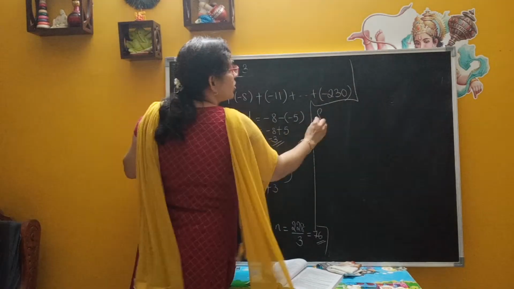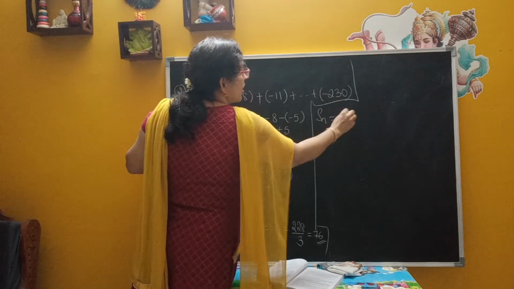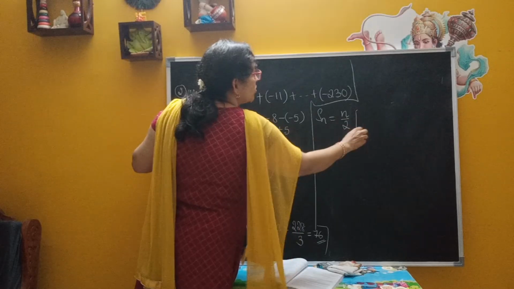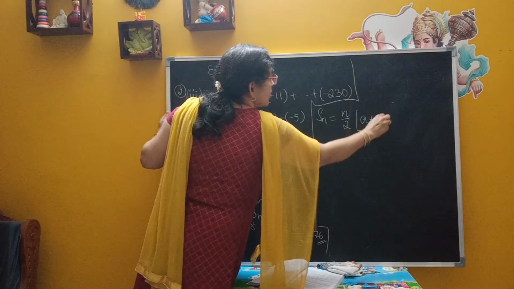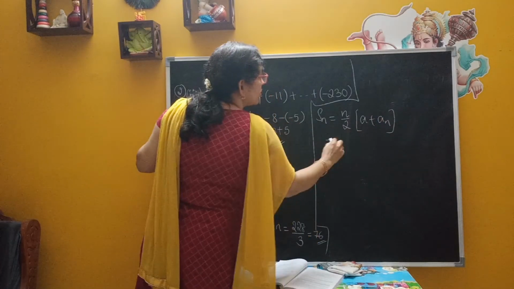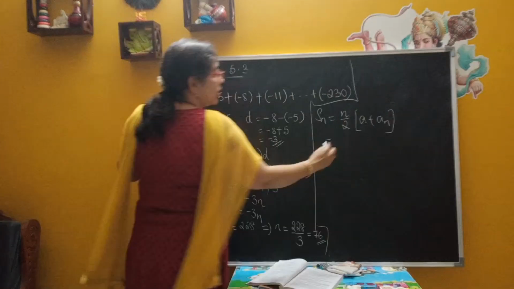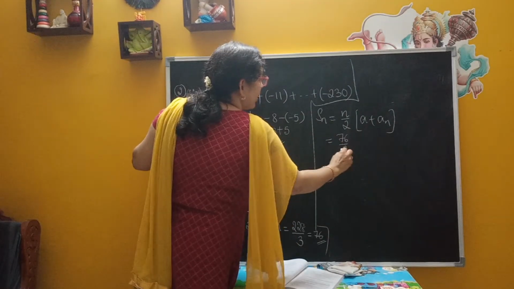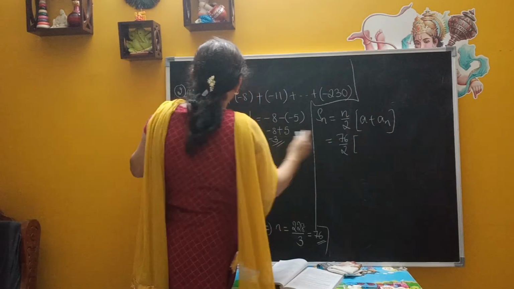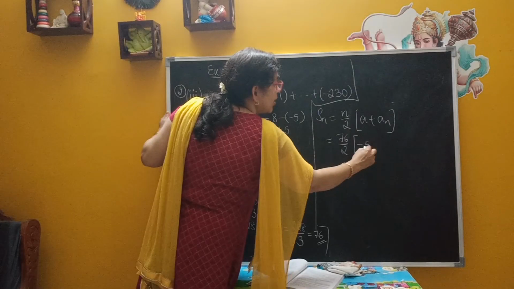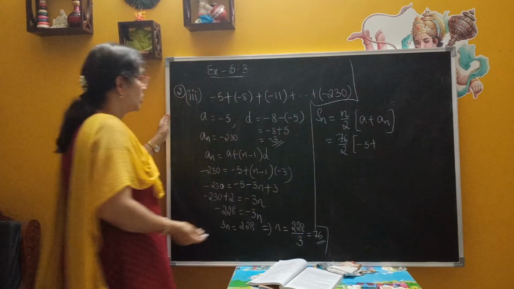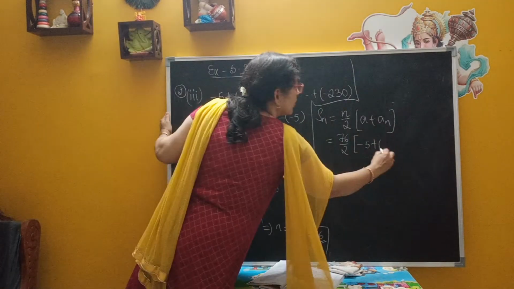Sn is equal to, what is the formula? n by 2 into a plus an. So substitute n value, we got 76 by 2 into a how much? Minus 5 plus an how much? Minus 230.